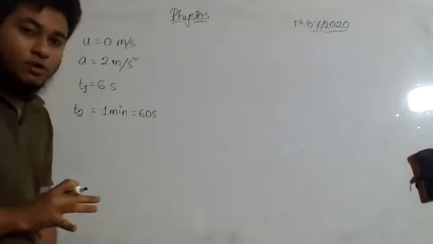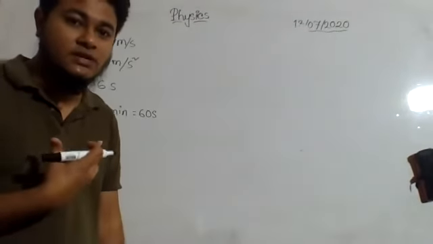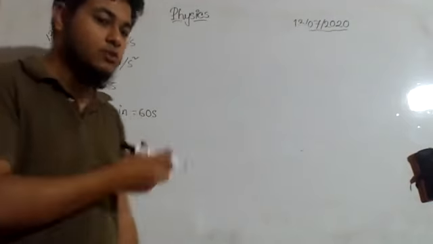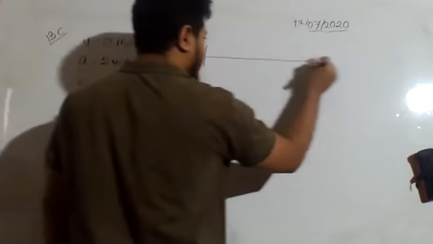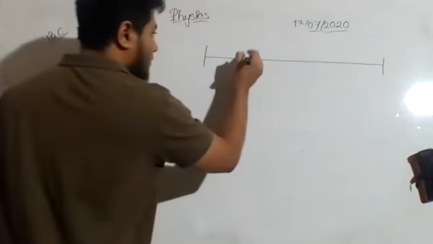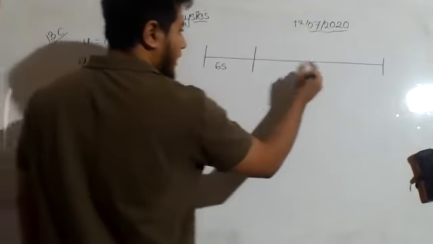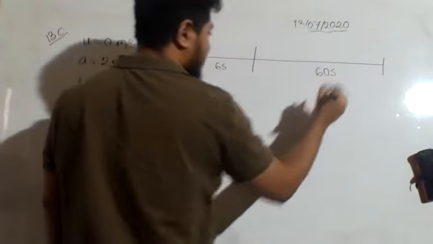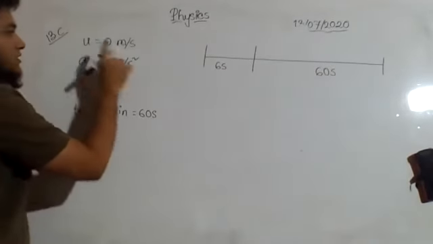For this type of problem, I like to draw a diagram in which I show the necessary or the given information. This is first 6 seconds, and this is the next 60 seconds. For first 6 seconds, what I know, the initial velocity here 0.